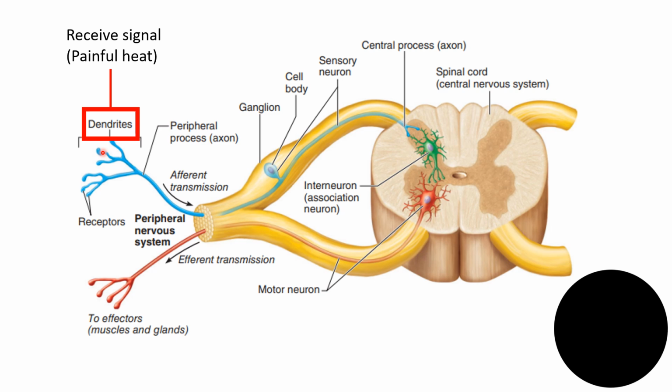Then it gets transmitted to the axon, which goes away from the cell body. Once that electrical signal reaches the terminal, it will release neurotransmitters onto the next neuron. You can see with this green neuron, the neurotransmitters go to the dendrite, and the whole process starts over again. So this is how our neurons communicate using electrical signals.